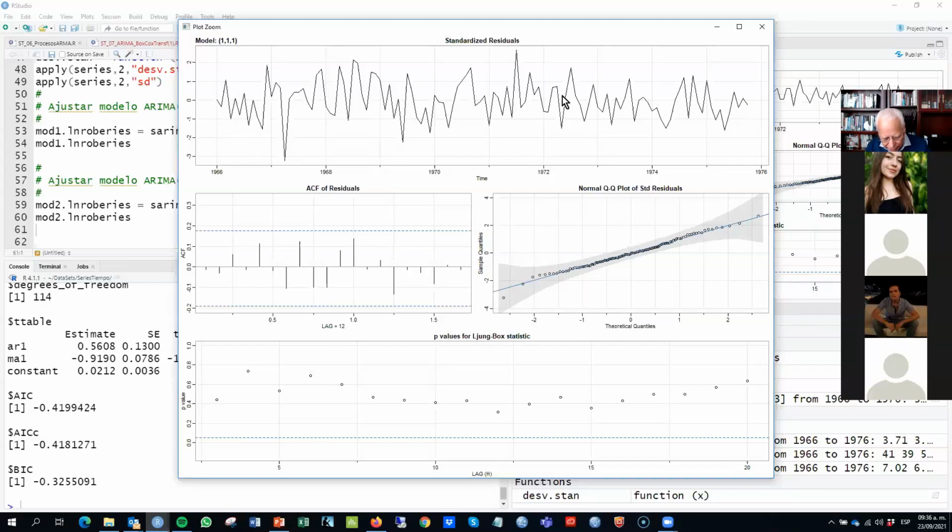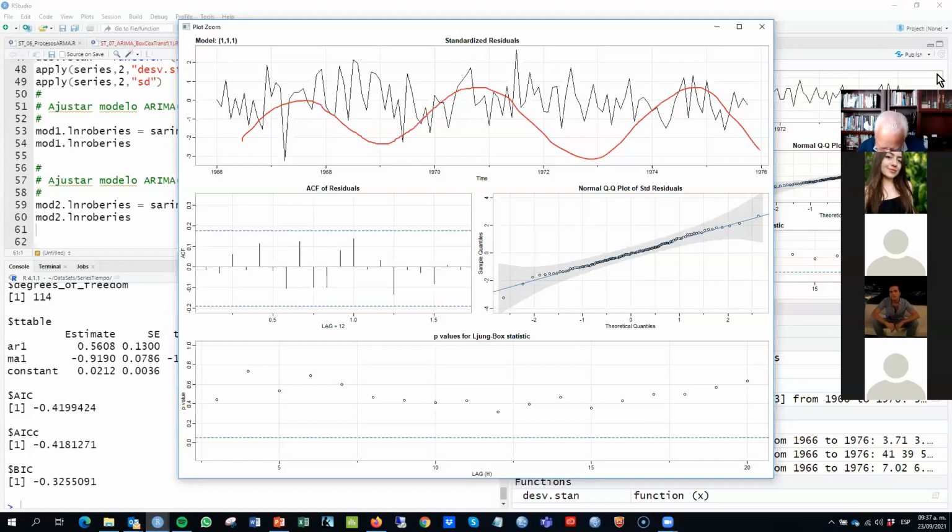For example, what type of things do we look at? If I were to see a pattern like this, a sine wave pattern, then I would have to get worried and do something. This means that I still have autocorrelation. If I saw a pattern like this, what that would be indicating is that I need to add autoregressive terms.